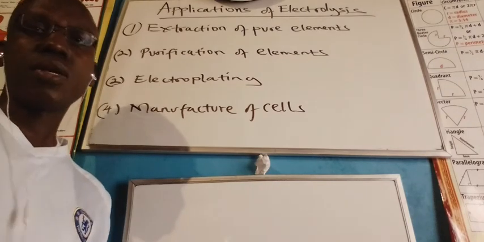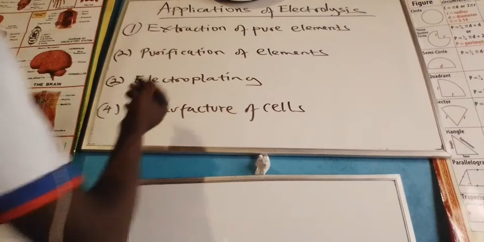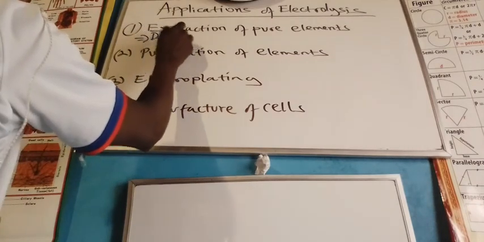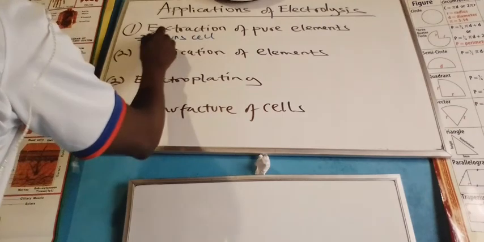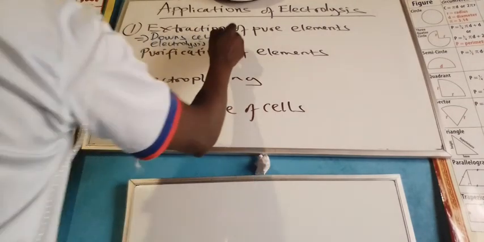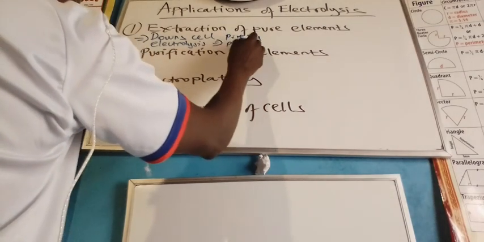The first application of electrolysis is the extraction of pure elements, and this could be done in different ways. One is the Downs cell electrolysis, in which we could extract pure sodium and pure chlorine.